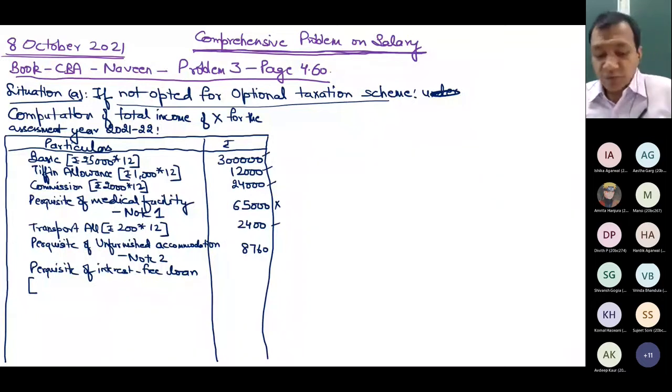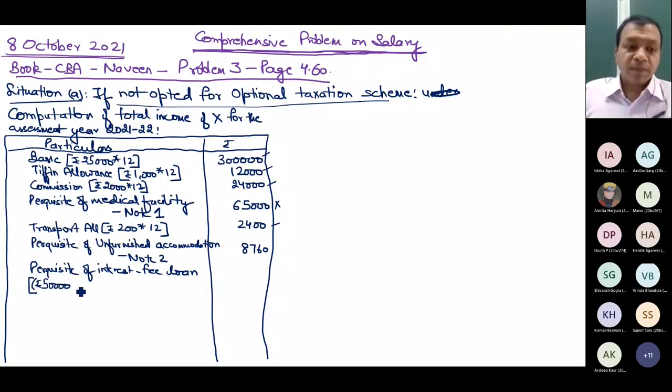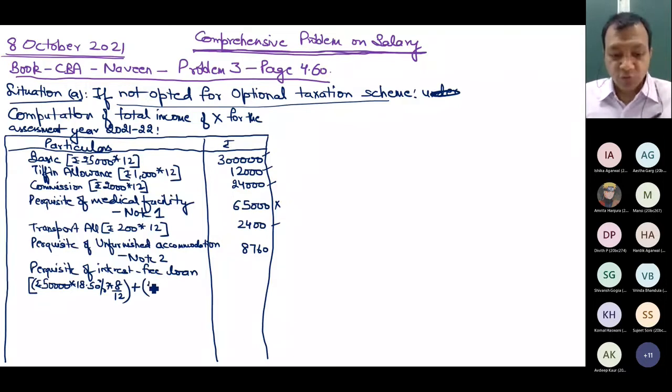You pay the tax. So April, May, June, July, August, September, October, November, for 8 months, the outstanding is 50,000. Rate of interest 18.5% per annum into 8 by 12, plus for the remaining 4 months, the outstanding is only 18,000.